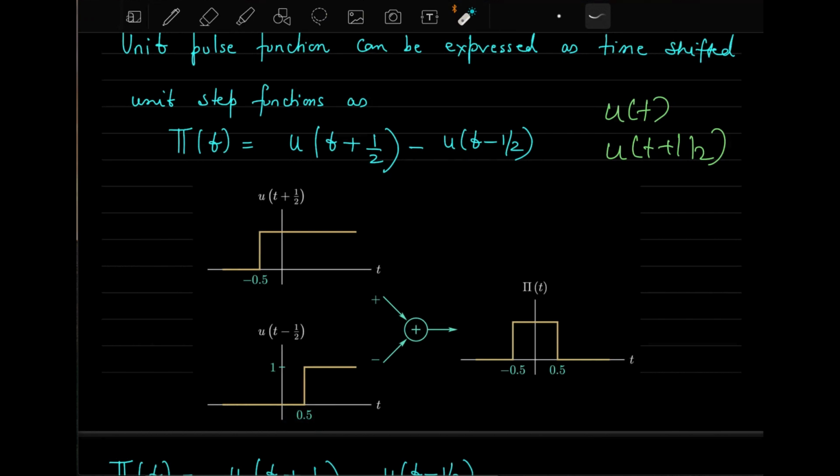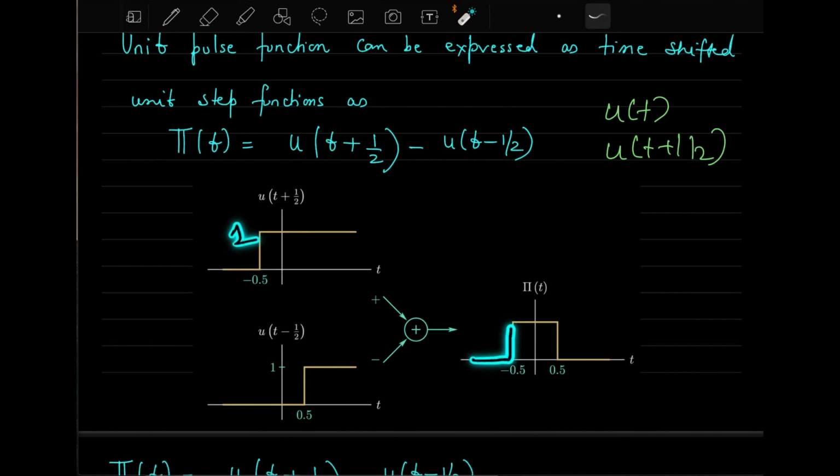Now if you subtract these two, what will happen? You can see here that for this value there is no value in the second one, so you will have 1 directly.